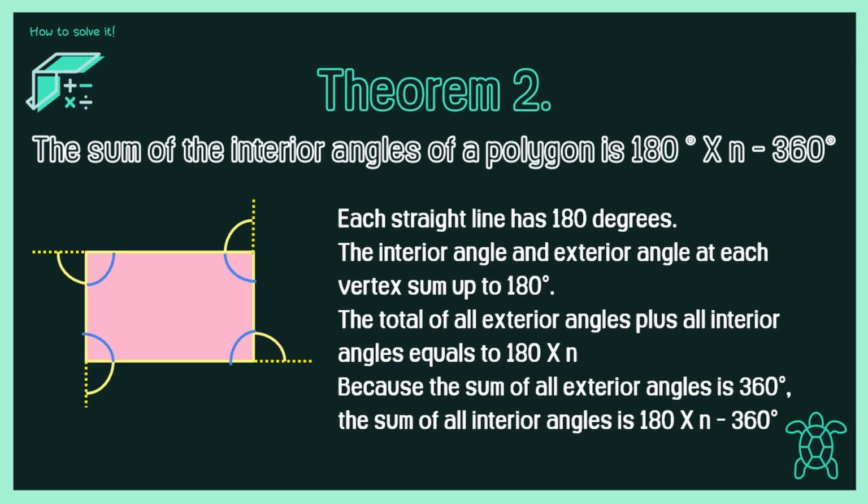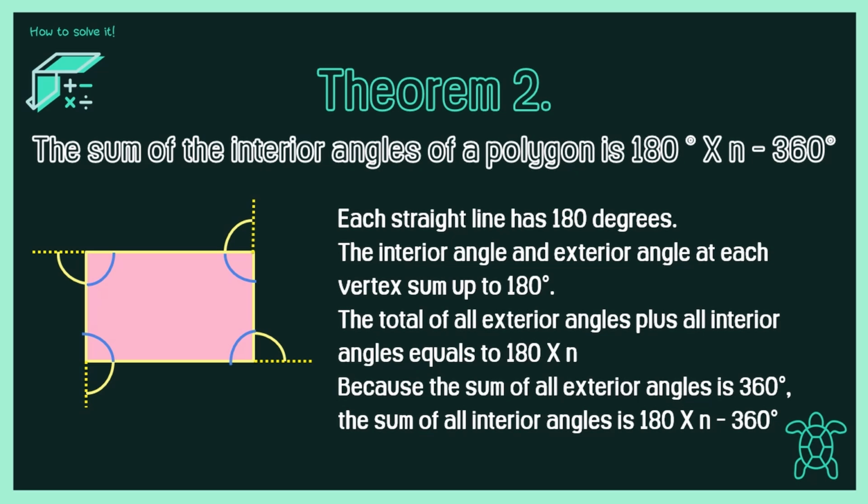Because we have n vertices, the total of all exterior angles plus all interior angles equals 180 times n. Because the sum of all exterior angles is 360 from the first theorem, we can conclude that the sum of all interior angles is 180 times n minus 360 degrees.